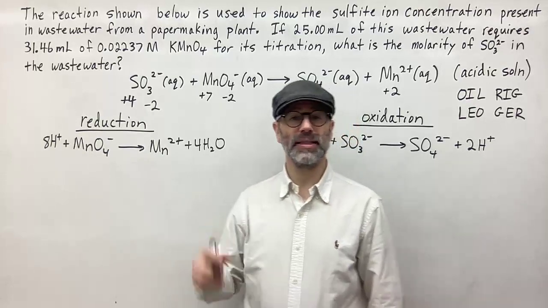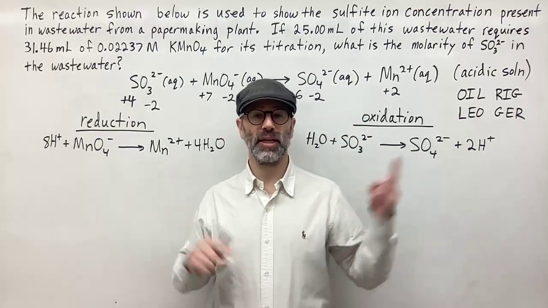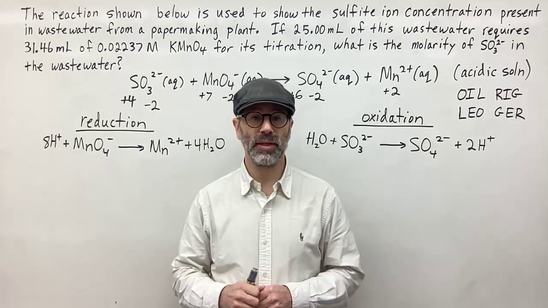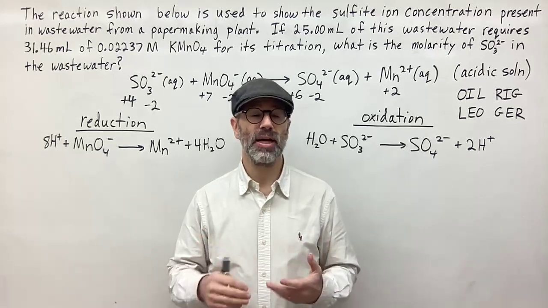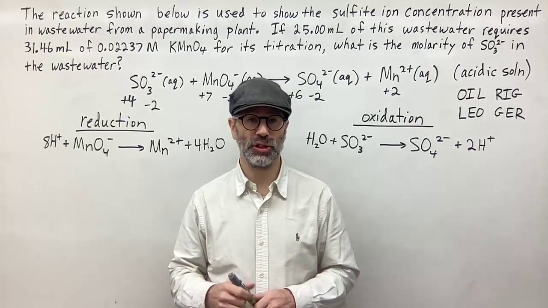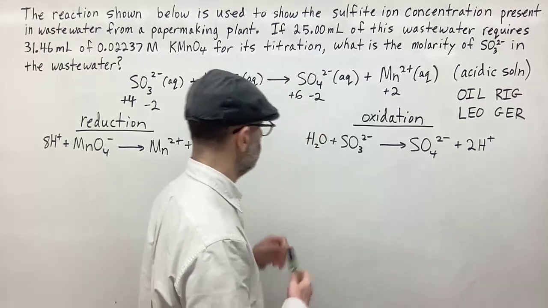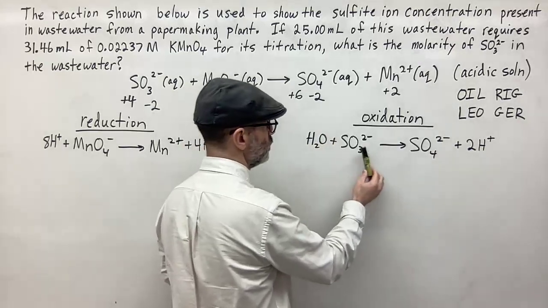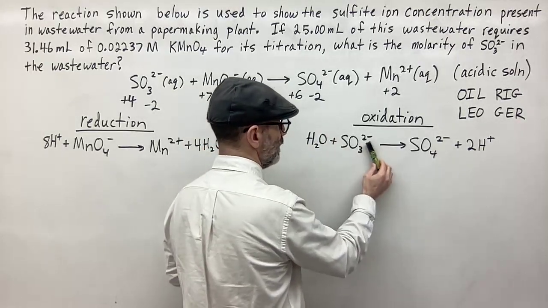So now the next step is, now that both of these half reactions are balanced with regard to the number of atoms, I now need to balance the charge. So on this side, I have neutral water plus one of these, and it's a 2 minus charge.